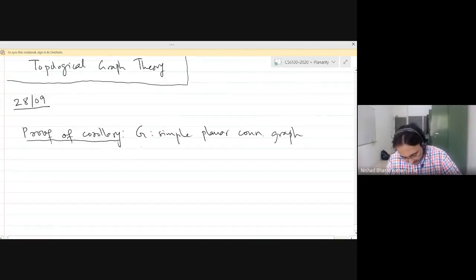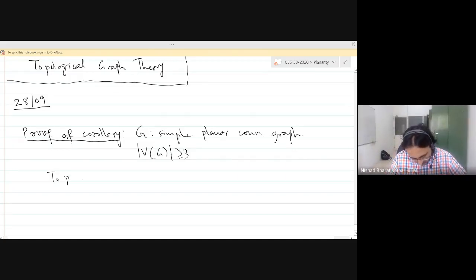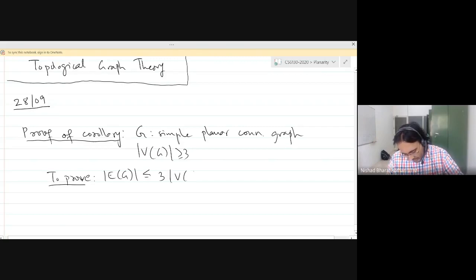The number of vertices is at least 3. And we want to prove that the number of edges is less than or equal to 3 times the number of vertices minus 6. Okay?